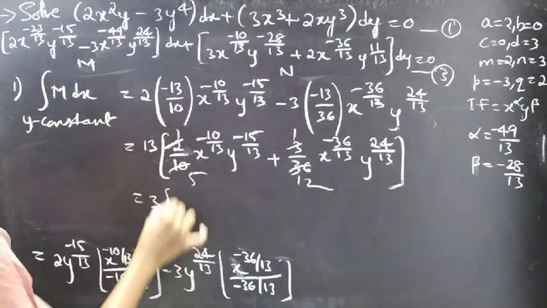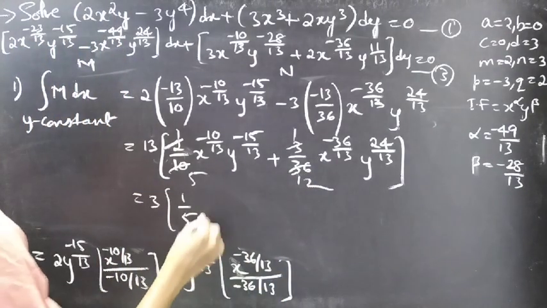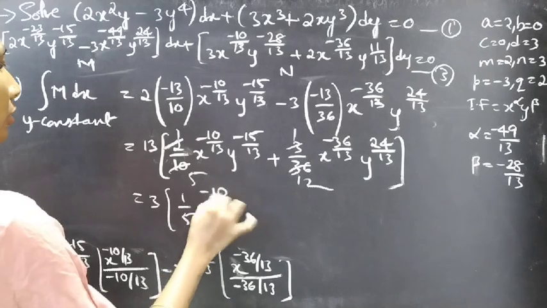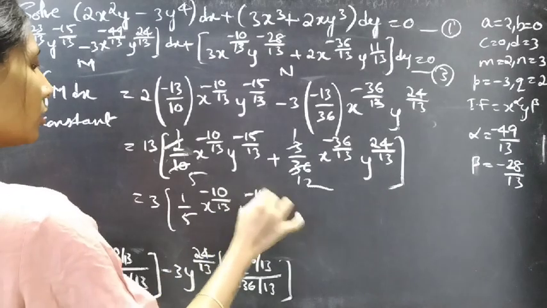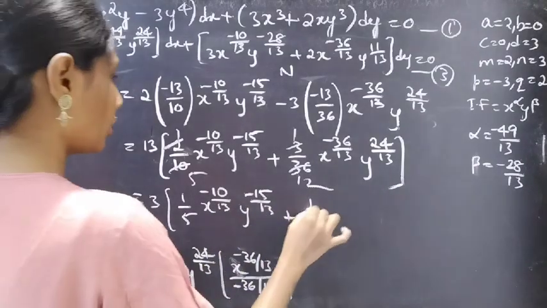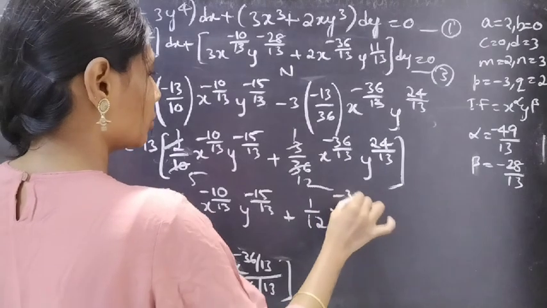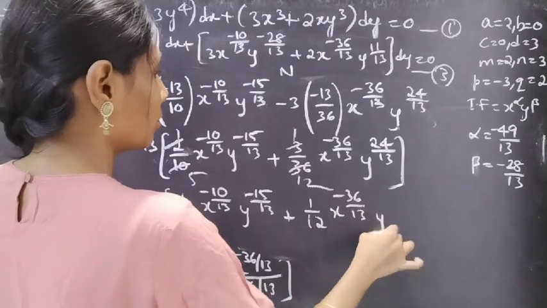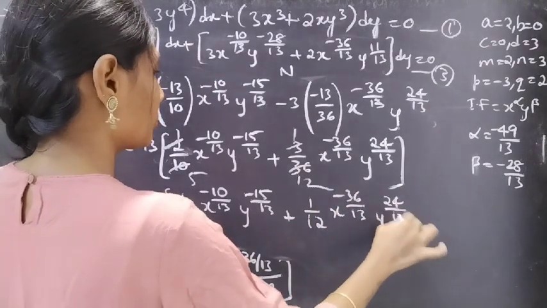This gives us 13 into 1 by 5 into x power minus 10 by 13, y power minus 15 by 13 plus 1 by 12 into x power minus 36 by 13, y power 24 by 13.